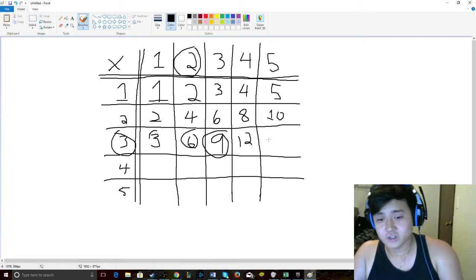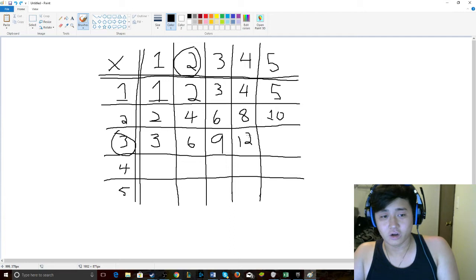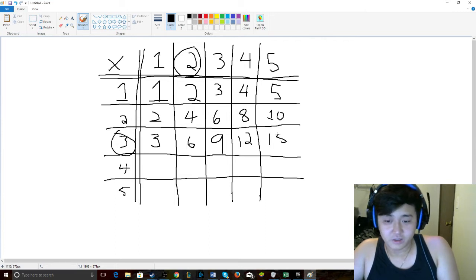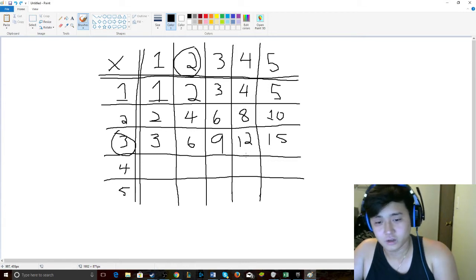And every single time we multiply 3 by a larger number, our product has a value that's 3 units higher. So 12 plus 3 is 15. And that's a way to verify that 3 times 5 is 15, by adding 3 to the 12 right here.